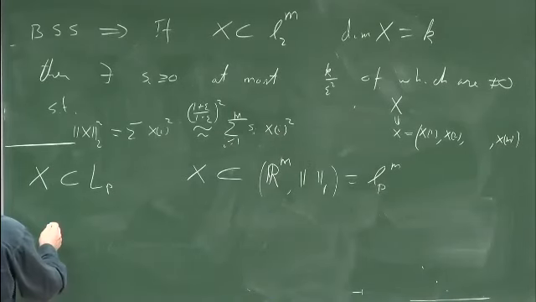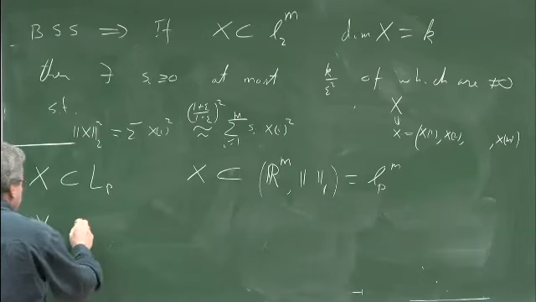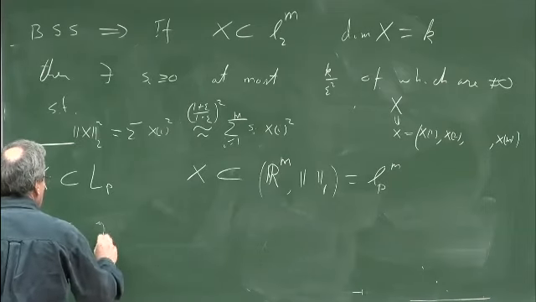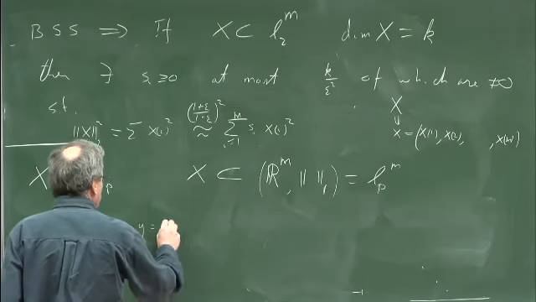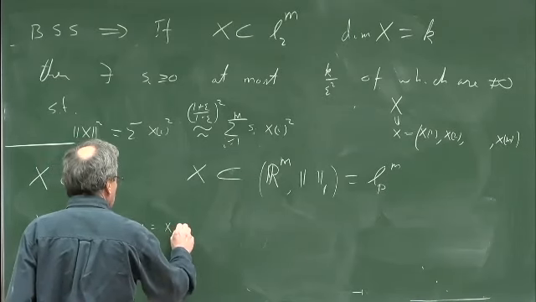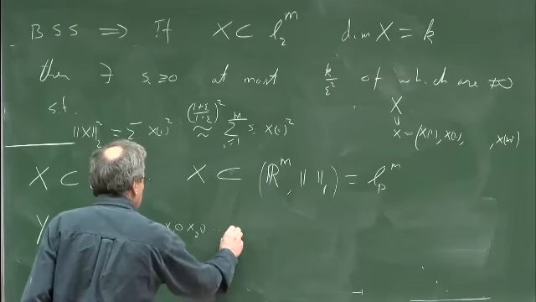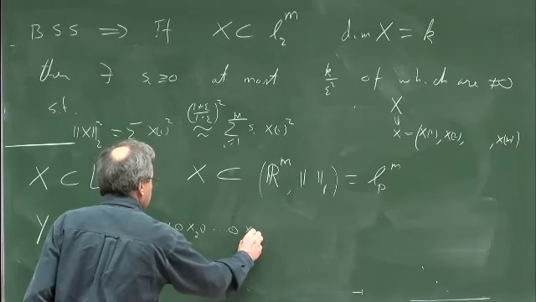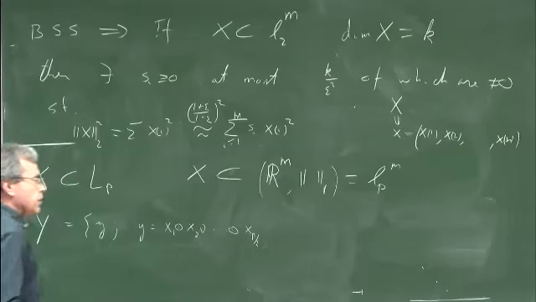And then what I do is I look at the following subspace Y, the space of all things of the form x1 circle dot x2 circle dot up to x p over 2. I take p, so p is an even integer.